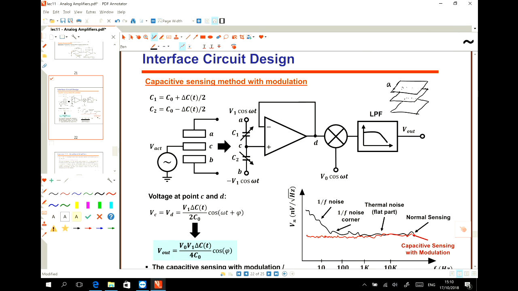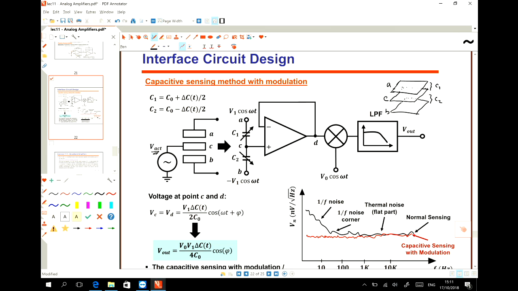I call this sheet A, this sheet C, and this sheet B. By applying the actuator voltage, sheet C is moving. So we have a capacitor C1 and a capacitor C2, and by applying the actuator voltage, the position of sheet C moves in such a way that if C1 increases, C2 decreases.